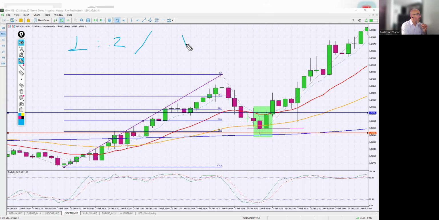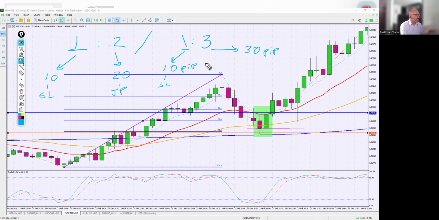Or 1 to 3. Okay, if I am risking here 10 pips in my stop loss, it means that my take profit should be 20 pips, right? Or if I am risking here 10 pips in my stop loss, my take profit must be or should be 30 pips, right? That is a proper ratio, 1 to 2, 1 to 3.